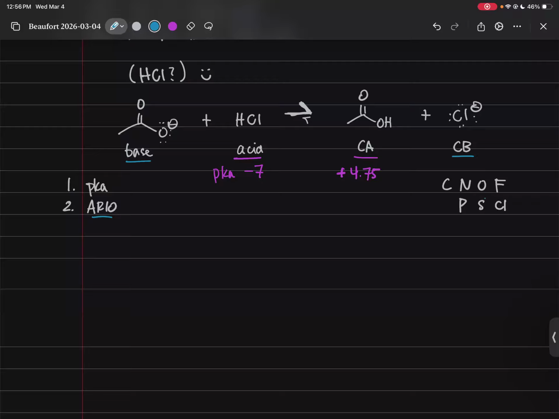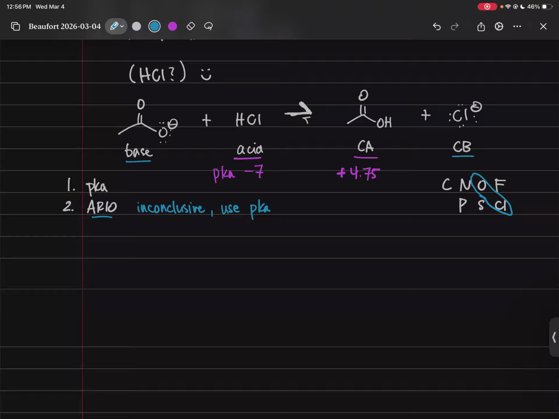Look at our periodic table, and then we run into this problem where they're not in the same row and they're not in the same group. So in this particular case, we're going to say that the ARIO method is inconclusive. And so the pKa is going to be the way that we figure out the answer for this one.